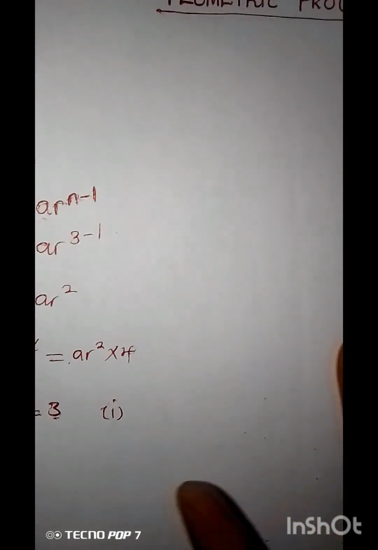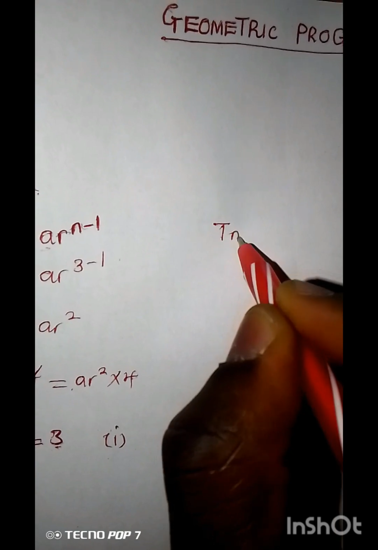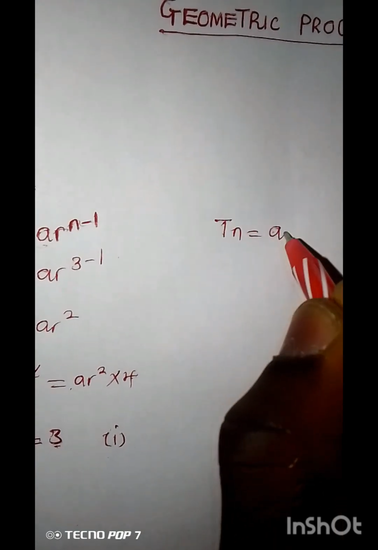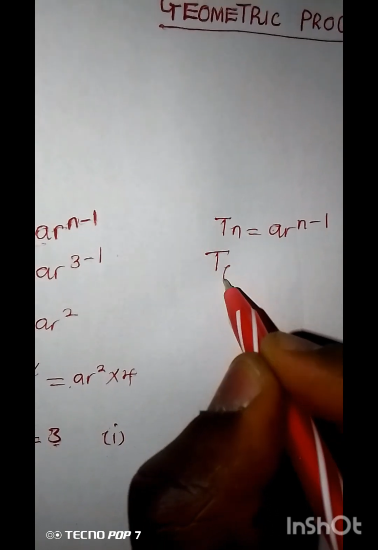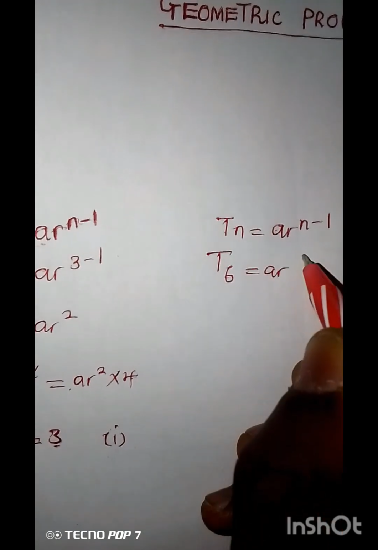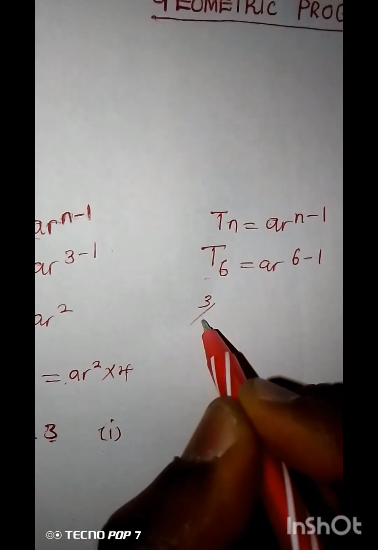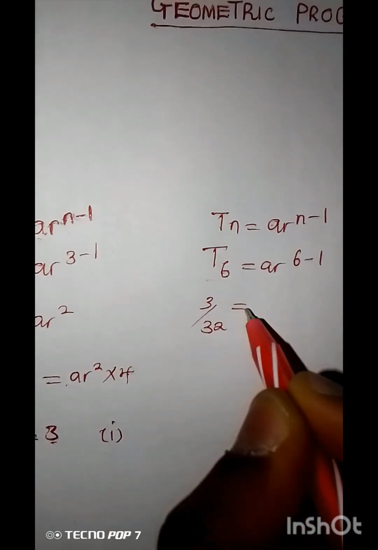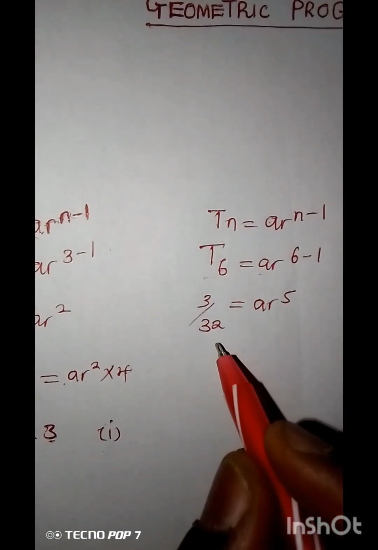That's what you do. Then you also say nth term is equal to a r to the power n minus 1. So where there's n, you put 6. 6 minus 1. So the sixth term is 3 over 32, so a r to the power 5.